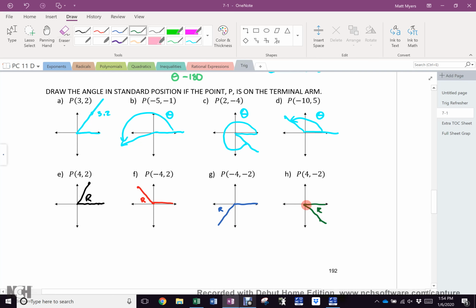Because all these distances, 4, 2, 4, 2, 4, 2. And you will notice the opposite adjacent, opposite adjacent, opposite adjacent, opposite adjacent are all what? The same. So they must be the same angle.